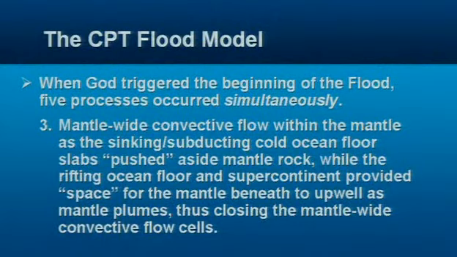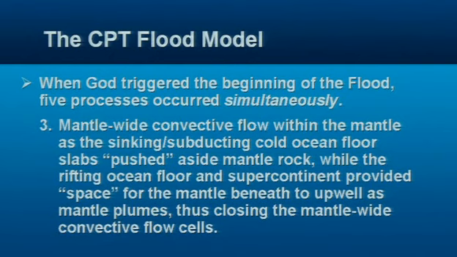Yes, it is complex, but it's easy to follow if you just work through it logically with me. Okay, the third process is as that sinks and that rises, you're going to have material sinking over here, pushing aside the mantle rock underneath.